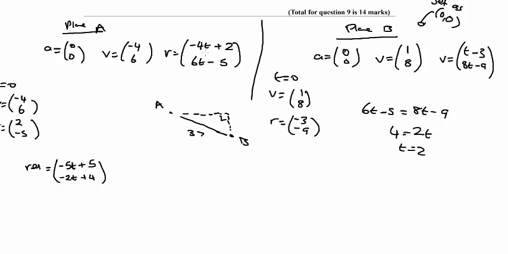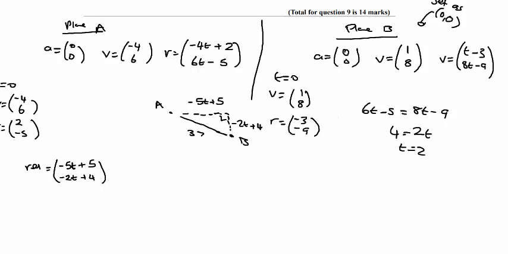So you know that the distance between these two is actually minus 5t plus 5. That's actually why they're asking you to find that in the first one, because it is useful to have that. Otherwise you just do this, take away that, or vice versa. And the difference between this one, if you do that take away that, is going to be minus 2t plus 4.